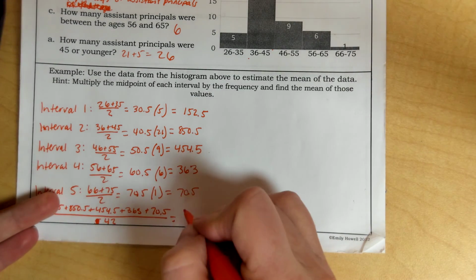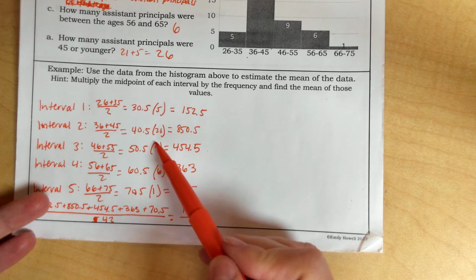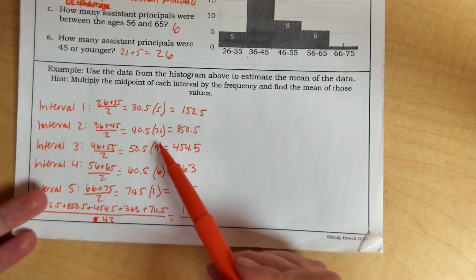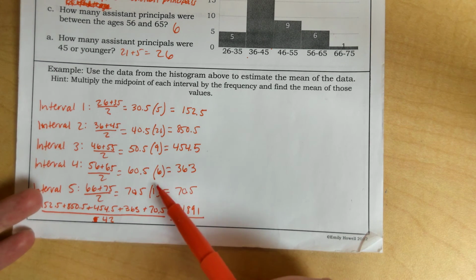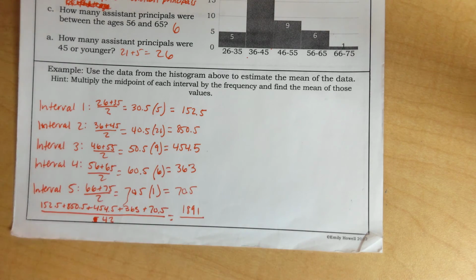So 152.5 plus 850.5 plus 454.5 plus 363 plus 70.5, all added together, is 1891. And because we put in the number of assistant principals in each interval band rather than going by the number of intervals, we're going to be dividing this number by 42, which is the 5 plus 21 plus 9 plus 6 plus 1.